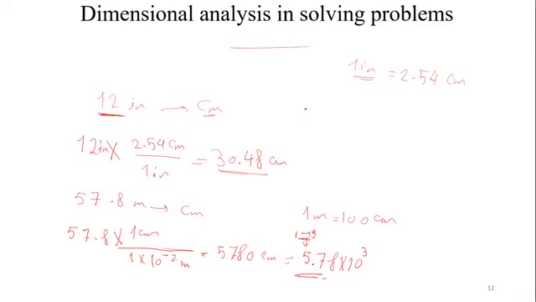So the rule for these calculations is this: I take my given unit, multiply it by the desired unit, and divide it by the given unit.